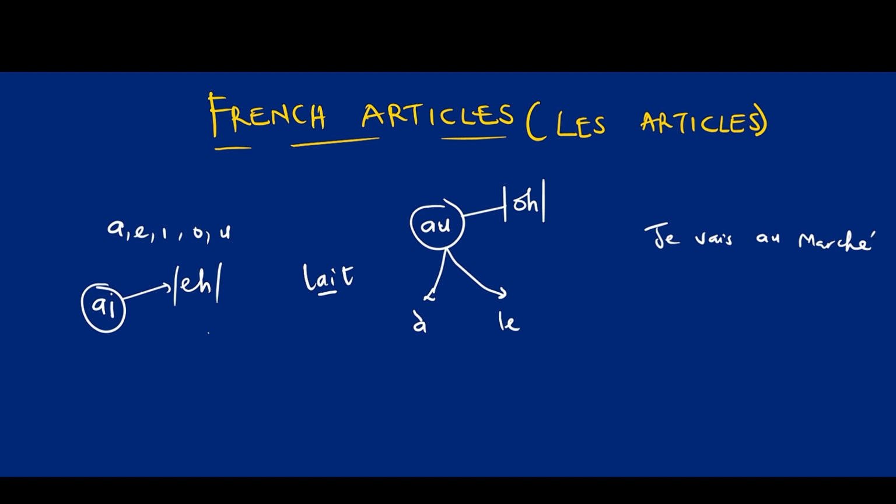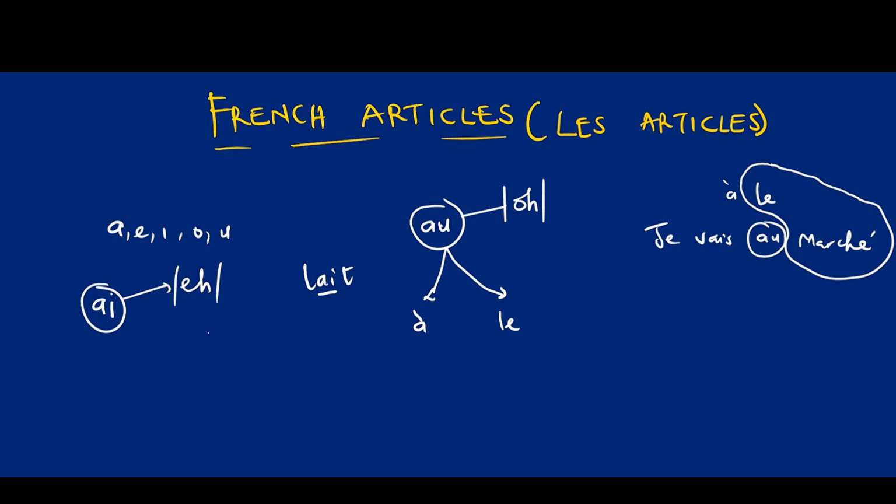It is actually "je vais à le marché". Market is a masculine word in French, so "le marché", the market. But "à le" is combined together to give you "au". So we have "je vais au marché". Okay, let's move to the next thing.